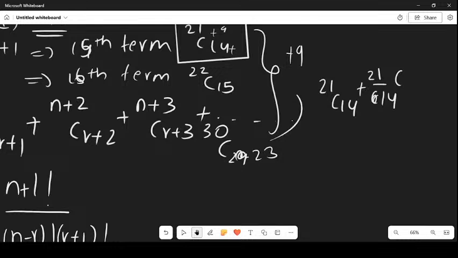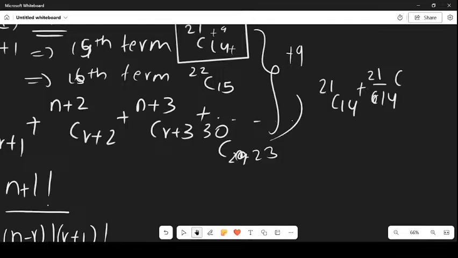Actually, yeah, it's correct. Minus plus 1, which is 7, and we will get the 14th term. So basically 21C14.